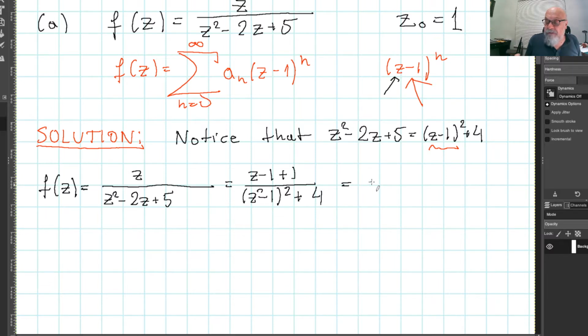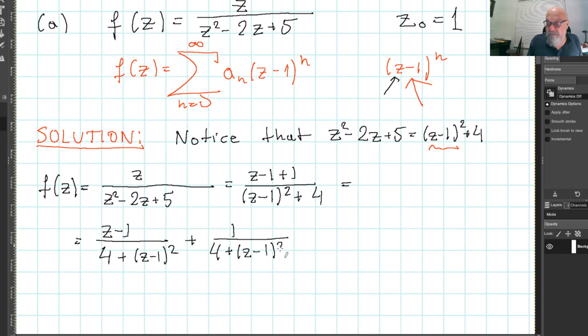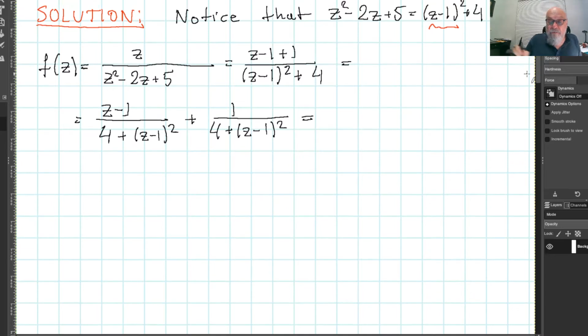And then I split it into two fractions: (z minus 1) over 4 plus (z minus 1) squared, and then plus the second fraction, which has exactly the same denominator. Now I look at this fraction and say, okay, let's pull out 4.